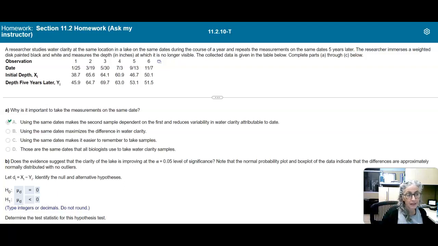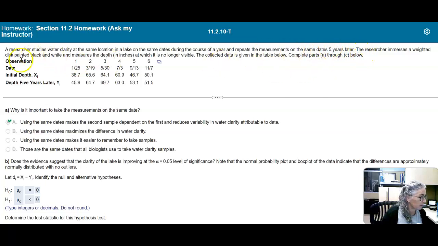To figure out whether it's going to be less than or greater than, you actually have to look at the context of the problem and interpret what is going on. For this question, it says a researcher studies water clarity at the same location in a lake on the same dates during the course of a year, and then repeats the measurements on the same dates 5 years later.